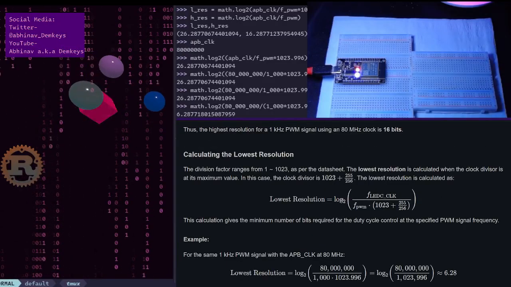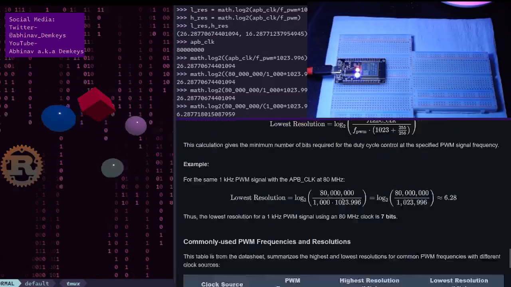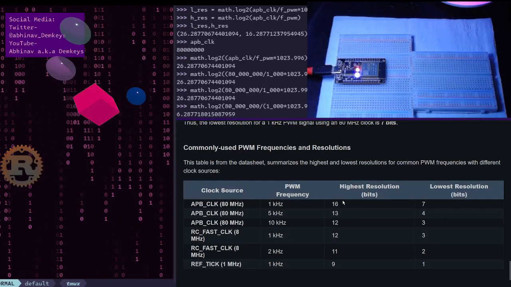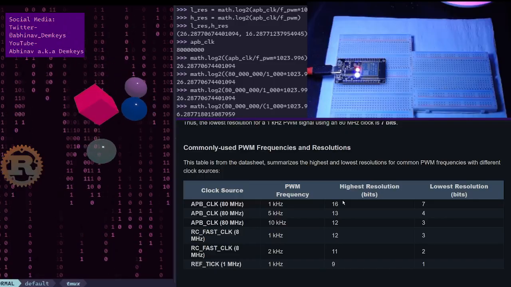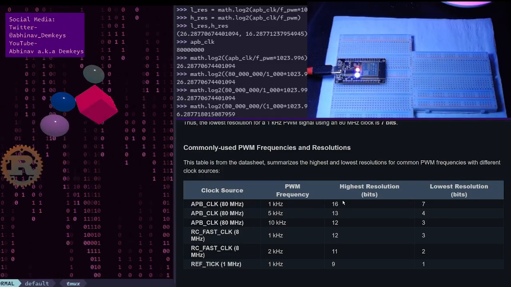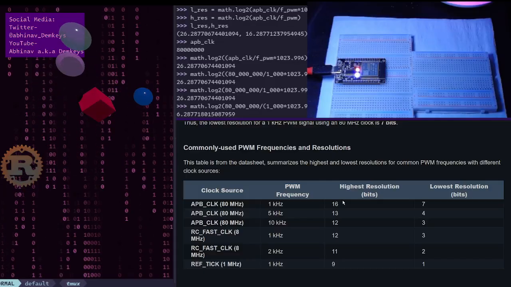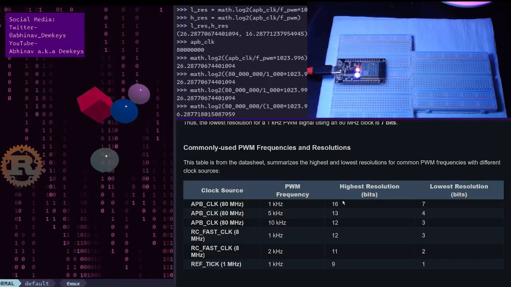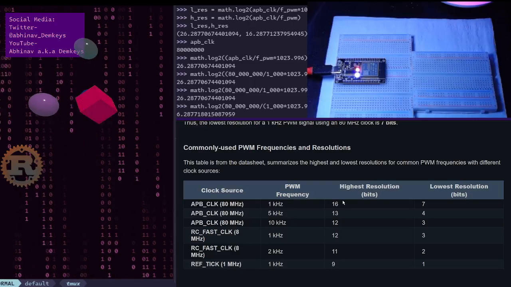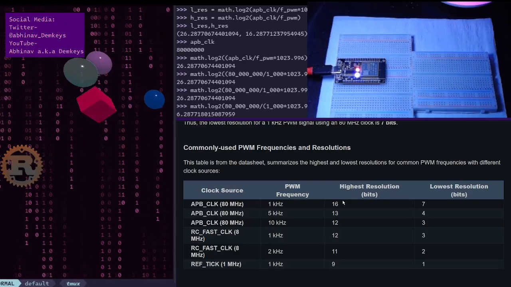Okay, well, now that that's cleared up, commonly used PWM frequencies and resolutions. This table is from the data sheet. It summarizes the highest and lowest resolutions for common PWM frequencies with different clock sources.